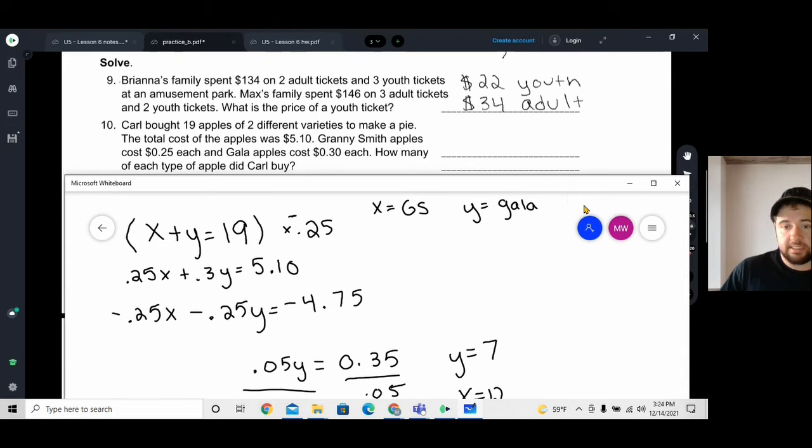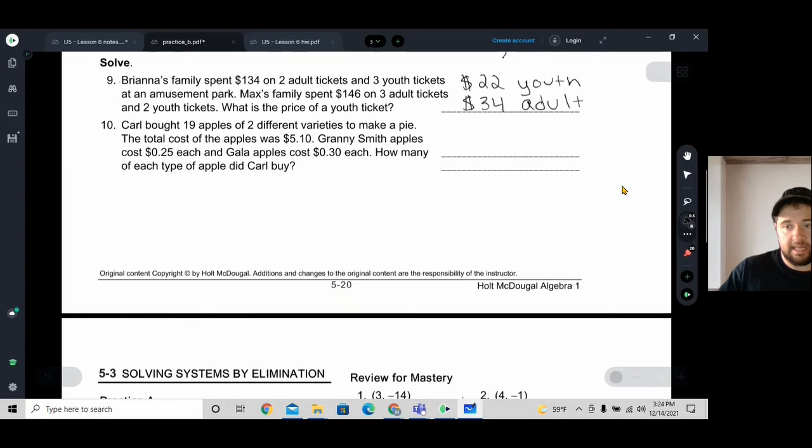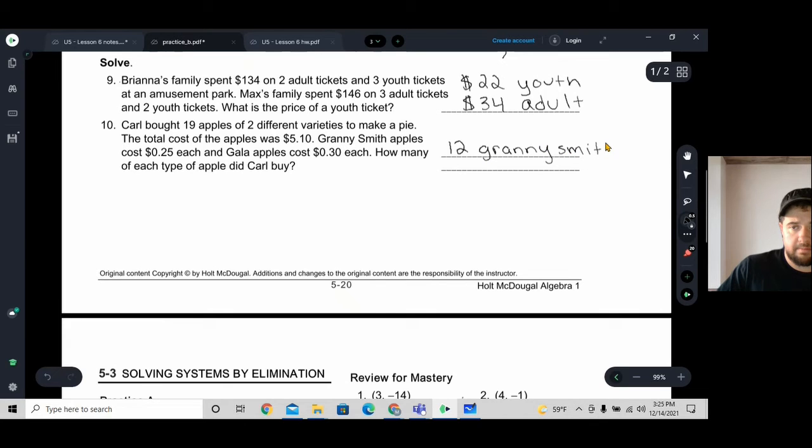So they bought 12 Granny Smith and 7 Gala. I'm going to write that down. 12 Granny Smith and 7 Gala apples.